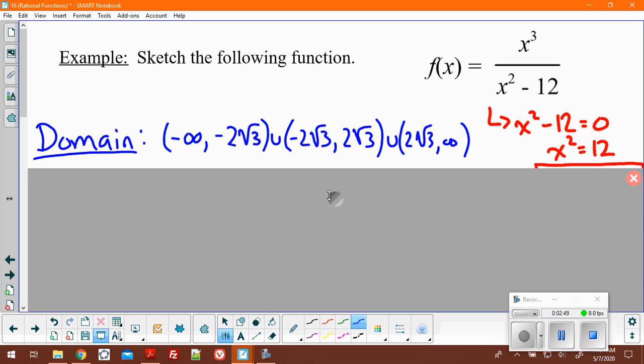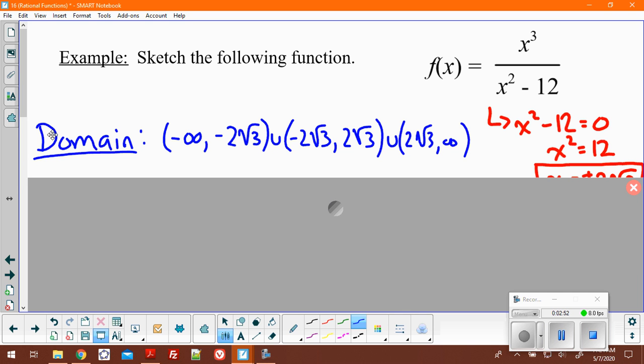So my domain is everything except those locations: from negative infinity to negative 2 root 3, between negative 2 root 3 and positive 2 root 3, and from 2 root 3 over to infinity. Again, for reference, 2 root 3 as a decimal is about 3.5, it's 3.46. So when we're actually graphing it, that's how we'll put it on the graph, noting it's about 3.5.